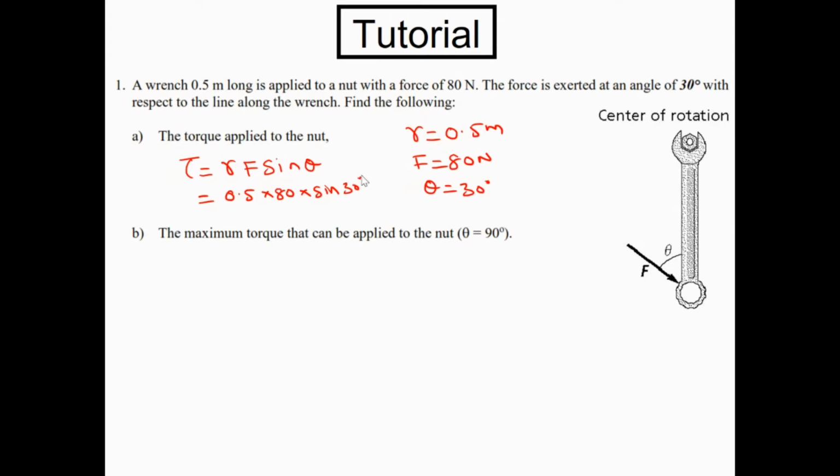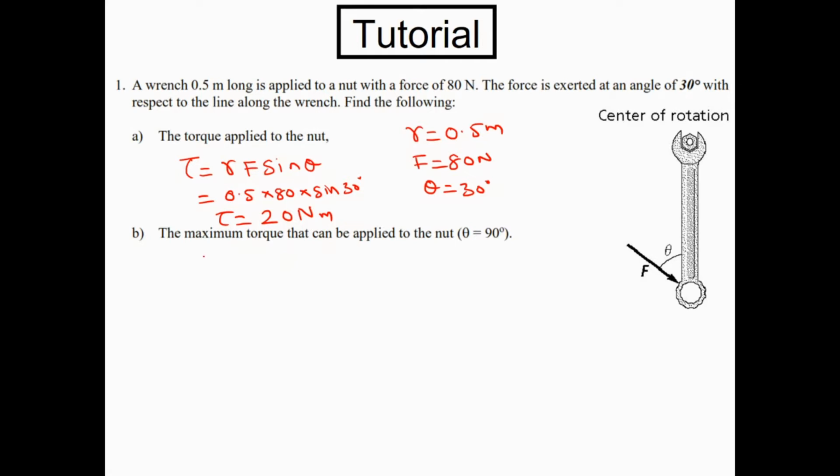So I have to calculate the value of tau. 0.5 multiplied by 80 multiplied by sine of 30. So the answer for the torque is 20 Newton meters. The unit for the torque is Newton meters. So this is the answer for the first part.